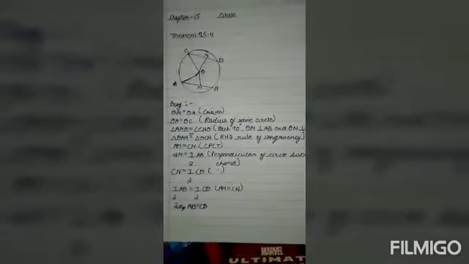That is the reason triangle OAM and triangle OCN are proved congruent by the RHS rule of congruency. Hence, OM equals ON by CPCT. Hence, proved.